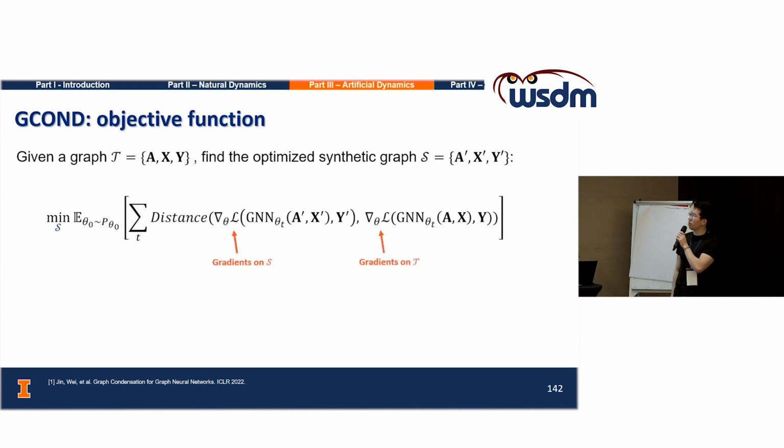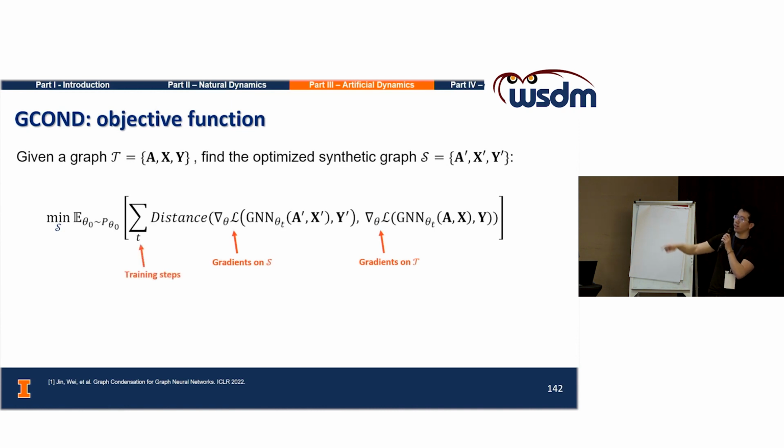The core idea is that they try to match the training trajectory over S and T respectively. The reason is that if the training trajectories over S and T are exactly the same, then under the same initialization, the converged graph neural network will be the same as well, right? So they try to match the training trajectory on T and S at every step.